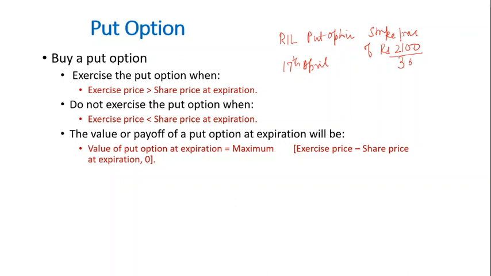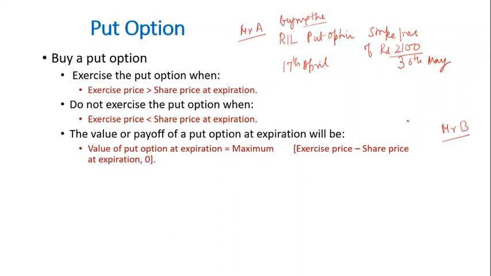So Mr. A is buying the put option. Obviously, if somebody is buying it, somebody is selling it also. So let's assume Mr. B is there. He is selling this put option to Mr. A. This is an example. Generally, this transaction happens on an exchange.